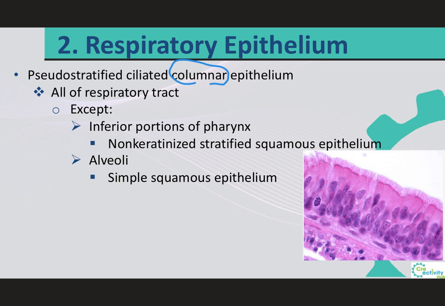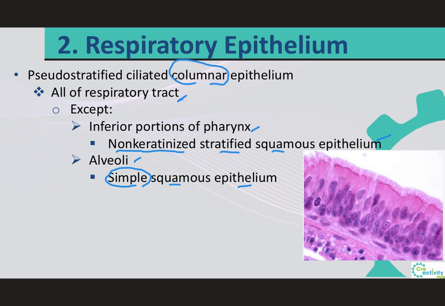The respiratory epithelium will line the entire respiratory tract except for the inferior portions of the pharynx, which it will divide with the digestive system, and therefore it will be composed of non-keratinized stratified squamous epithelium, and the alveoli, which will be made up of simple squamous epithelium, because where you need to have gas exchange, you can't have several layers like in the case of the stratified squamous epithelium.